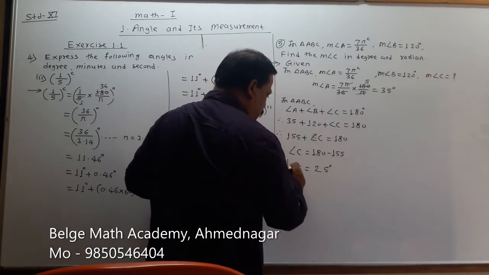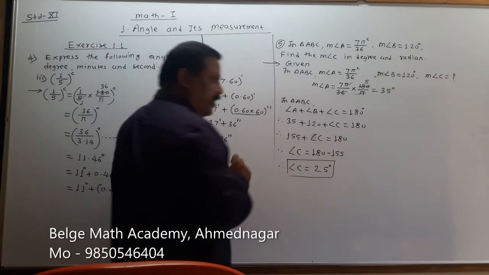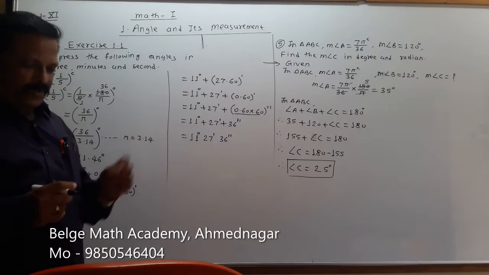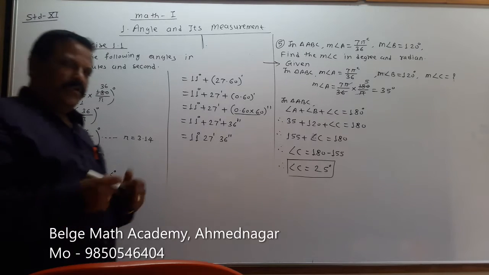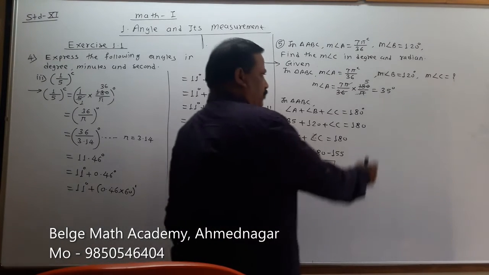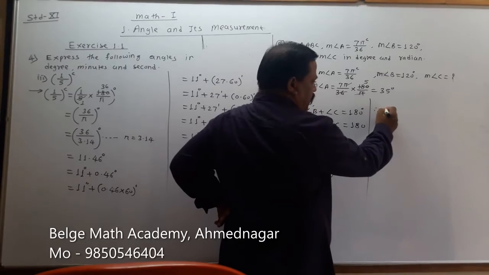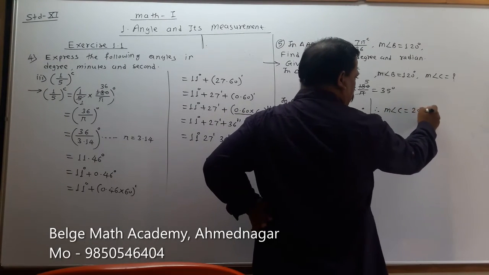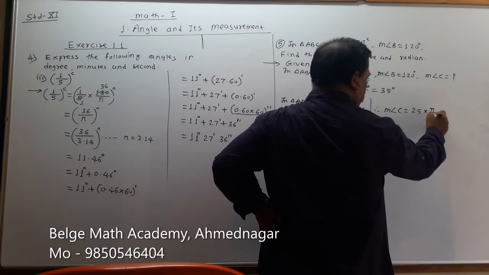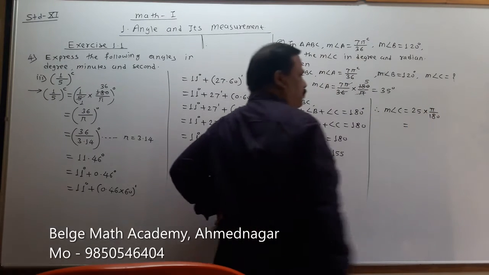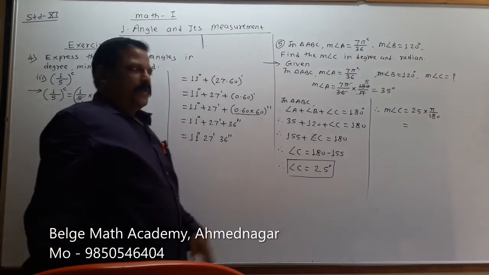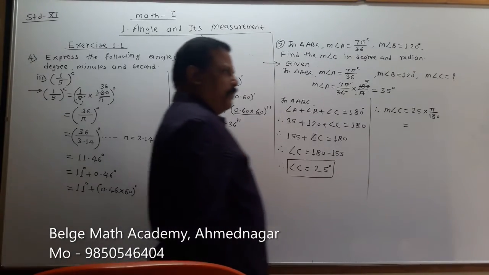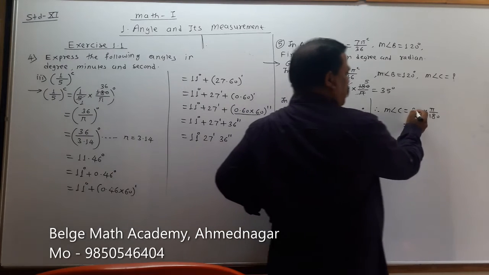So the third angle is 25 degree. Now this 25 degree is converted into radian also. Therefore, the measurement of angle C equals 25 multiplied by pi upon 180. 25 and 180 are divisible by 5.